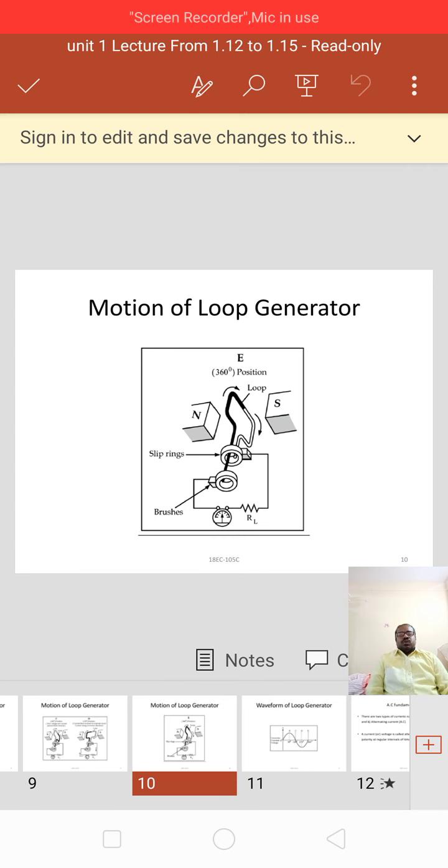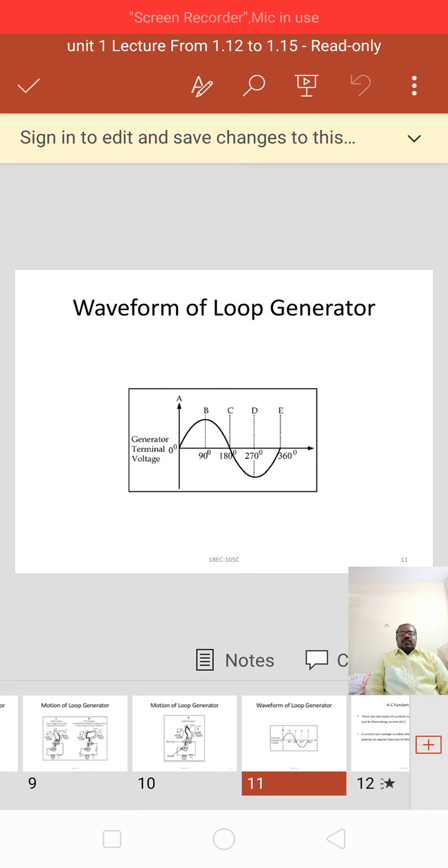It is also shown in the figure, and some amount of energy is also dissipated in the form of heat, and it dissipates from the resistor which is placed beside the galvanometer or deflection sensitive meter. This shows the waveform of the loop generator.